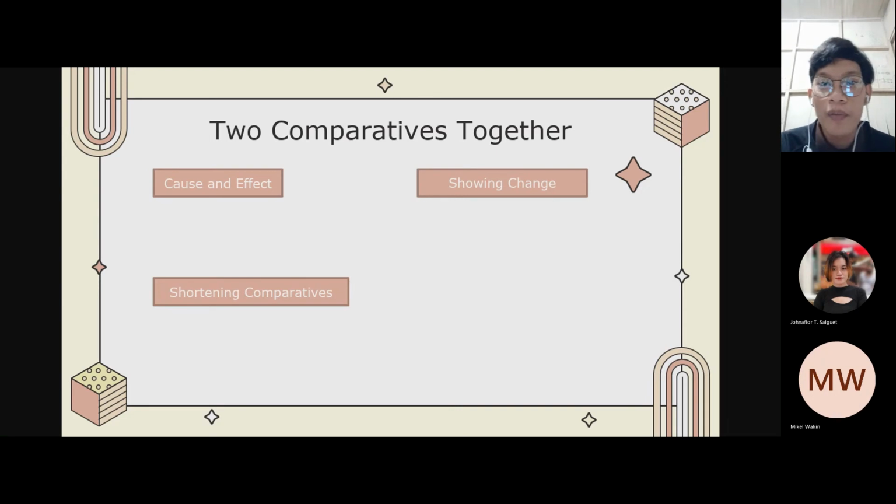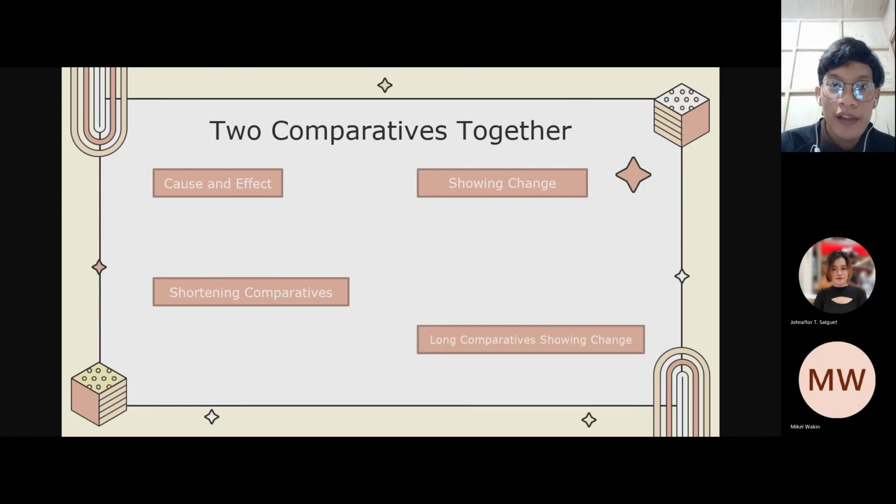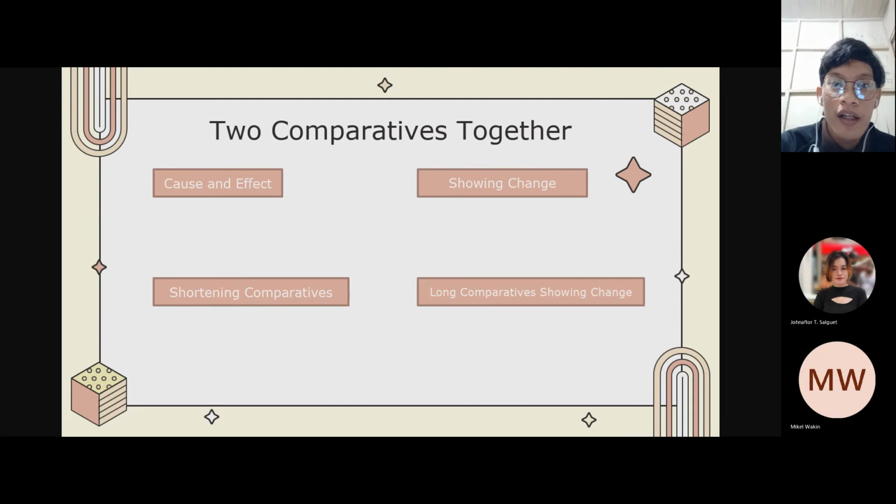First, we have comparatives together that show cause and effect. The second one is shortening comparatives, where the idea is to shorten the sentence. Third is comparatives together that show change. And the last one is long comparatives together that show change. Let's take a look at our example here.